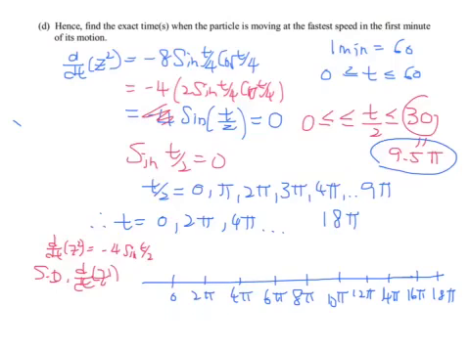Up to 10 pi. By checking the sign of dz squared dt using the sign diagram, it's going to be negative between 0 and 2 pi, positive between 2 pi and 4 pi, and as you go on, negative, then between 6 and 8 positive, then negative, positive, and negative, and finally 18 pi.